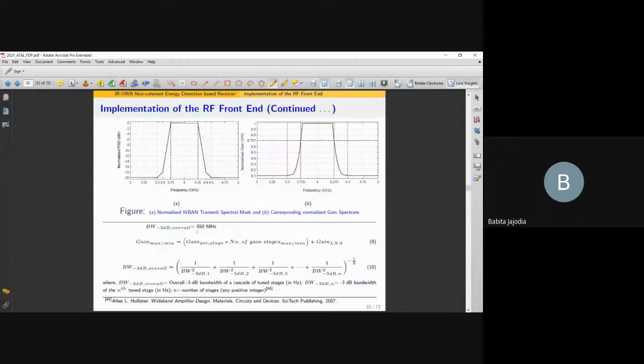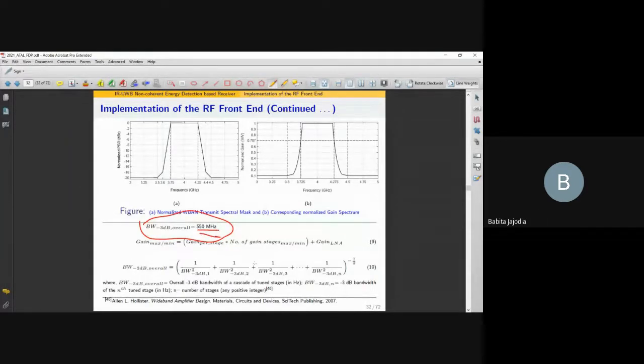Now comes how to find out how many stages are required. As mentioned, the bandwidth was minimum 500, but when you design the circuit you always take into consideration plus or minus 10%. So we find the overall bandwidth for the entire chain, even if you are using a one-stage amplifier or all the stages, it should be at least 550.